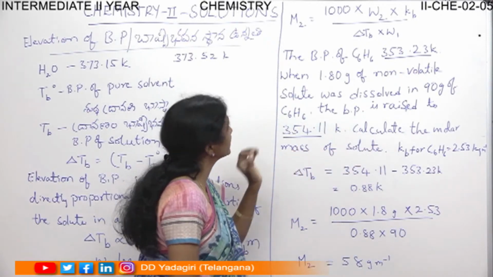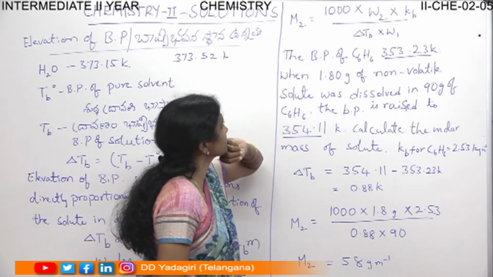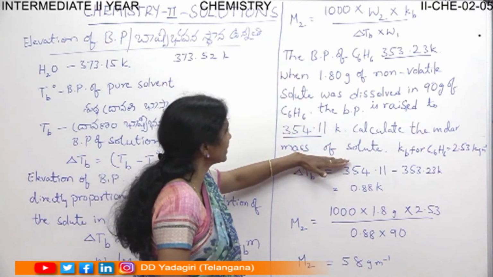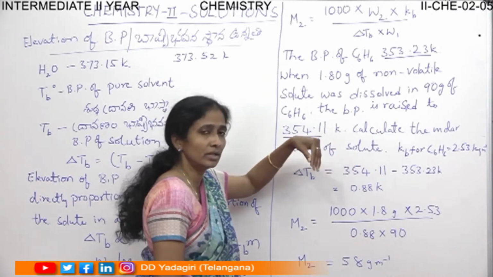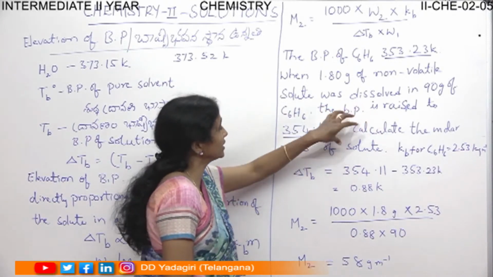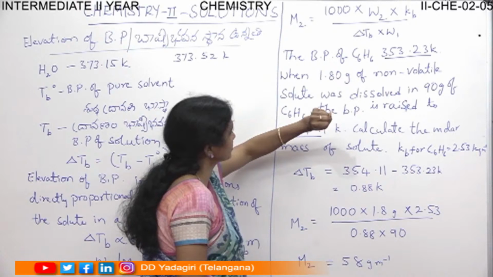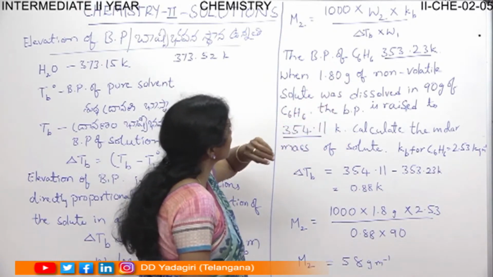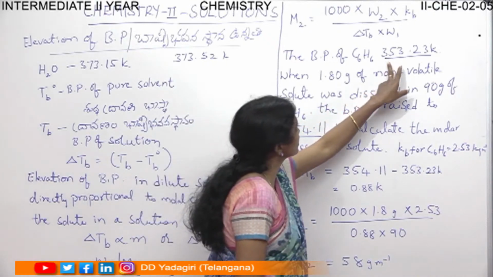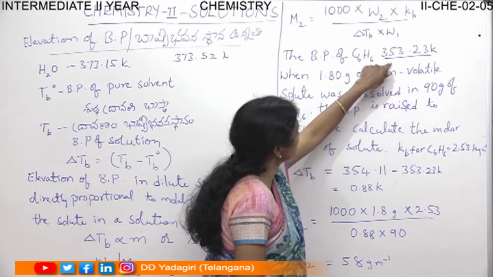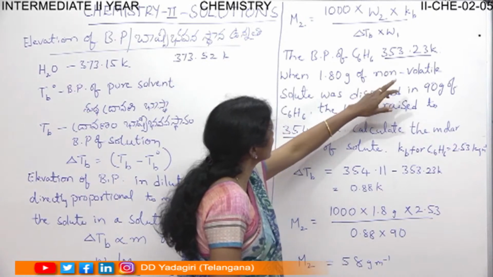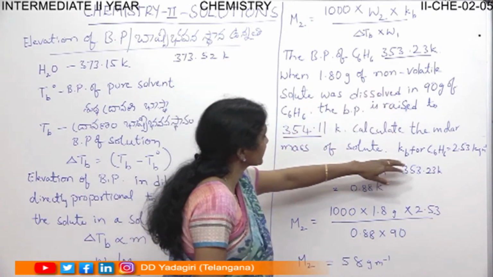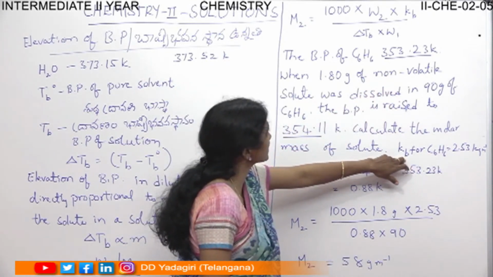So here, what has been given? We have to find out the molar mass of the solute. What is present in this problem? Delta Tb is present, and Kb is also present.